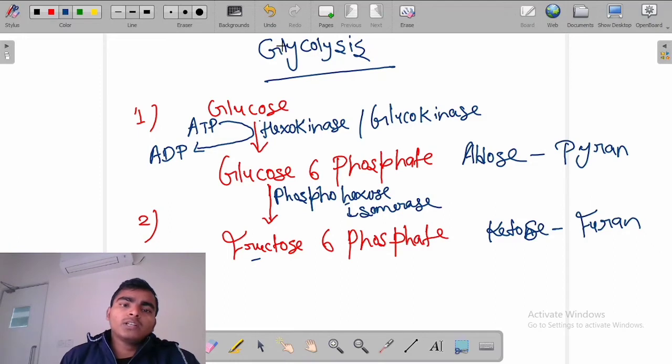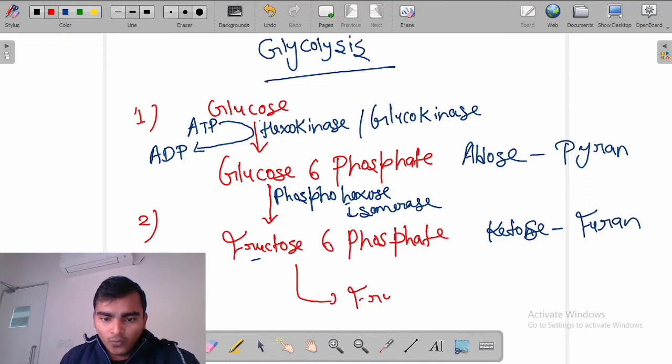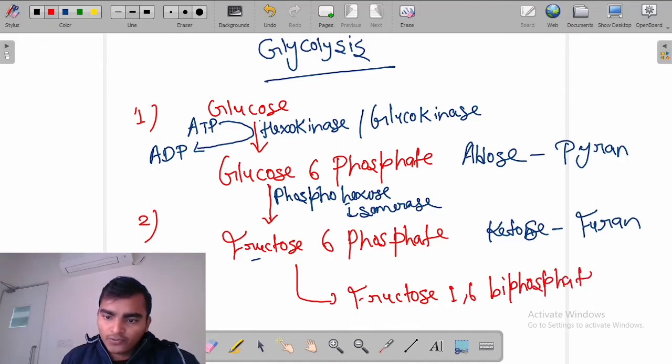Now let's talk about the third step. What is going to happen with this fructose 6-phosphate? It will be converted into fructose 1,6-bisphosphate. Fructose 1,6-bisphosphate is nothing but an addition of another phosphate molecule on fructose 6-phosphate, so there are two phosphate molecules.